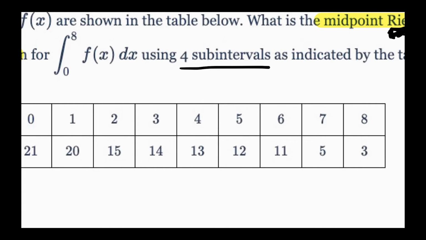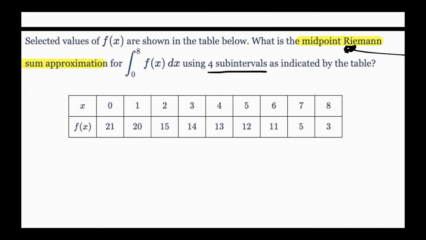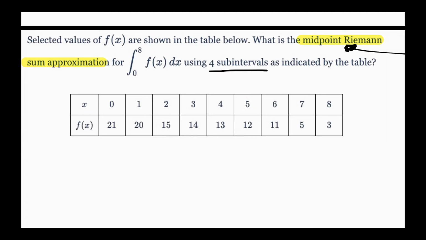So sometimes you'll have widths that aren't the same. That's okay. This one worked out perfectly because my bounds are 8 wide and I need 4 rectangles, so it worked out to 2. They won't always work out that way. I'll show you that in the next example.